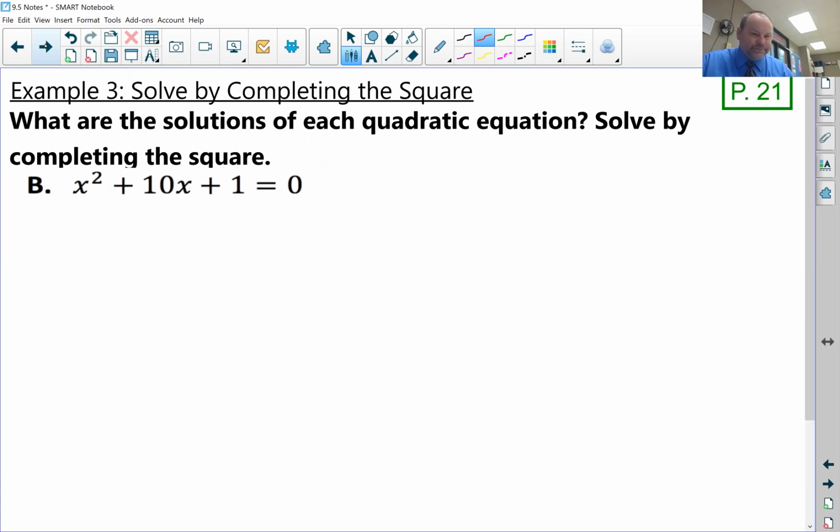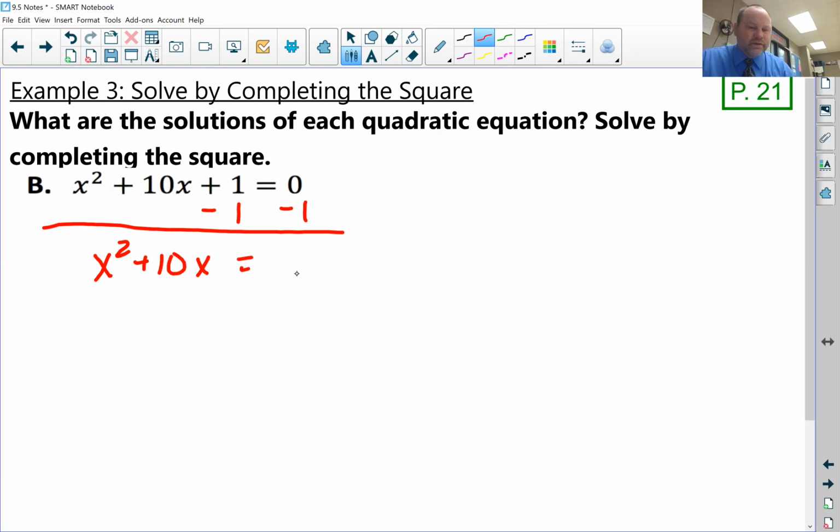Same idea here. Subtract 1 from both sides. Find our value for c. 10 divided by 2 squared, which would be 5 squared, which is 25.